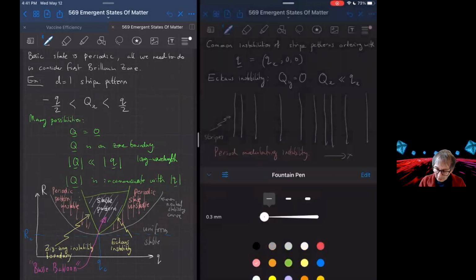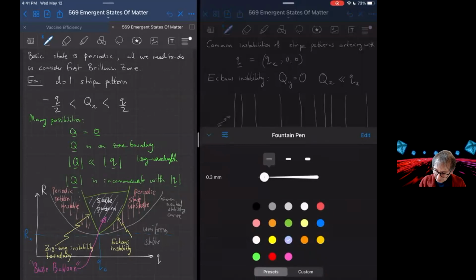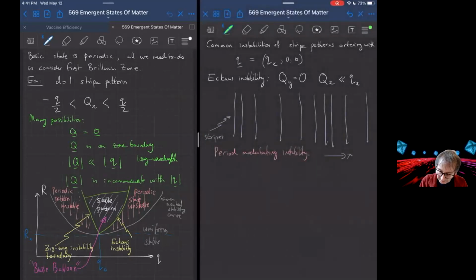The other one I want to draw for you is the zigzag instability. In that one, Q_x is equal to 0, but Q_y is much less than q_x.